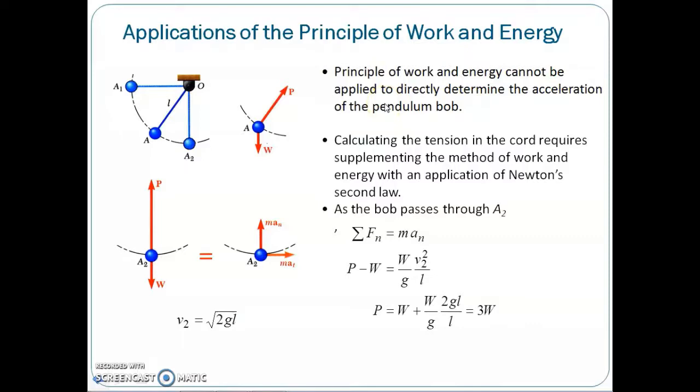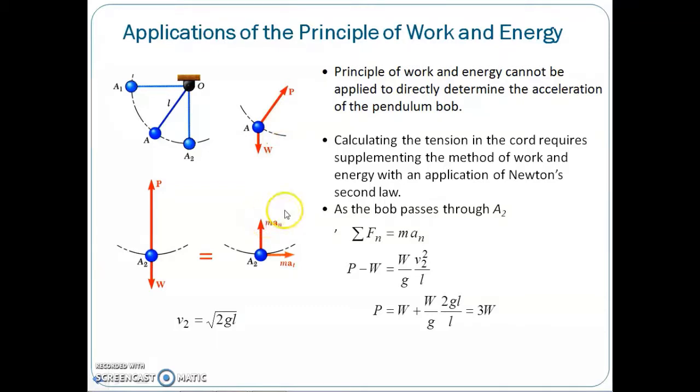In determining a force which is normal to the path of the particle, a force which does not work, for example this P, the method of work-energy must be supplemented by the direct application of Newton's second law.